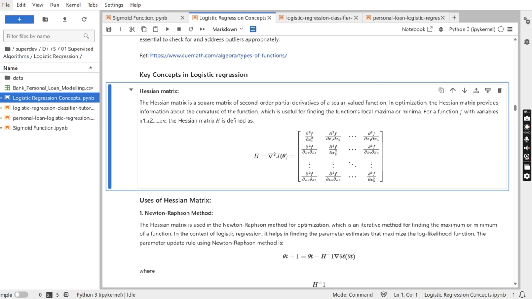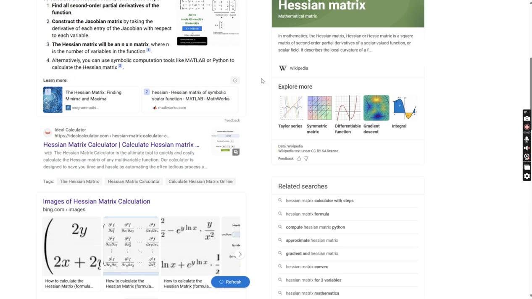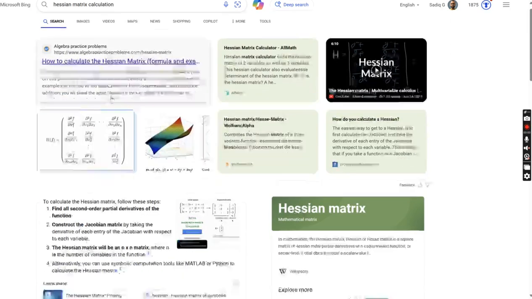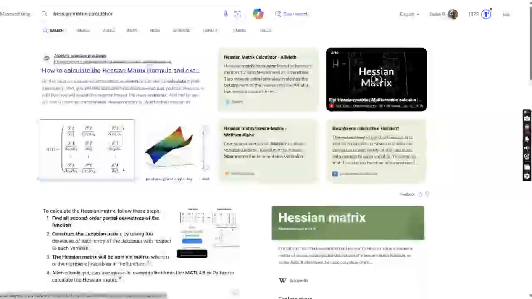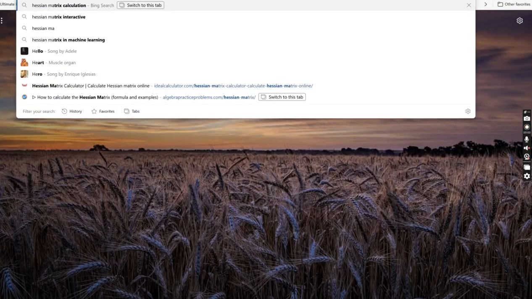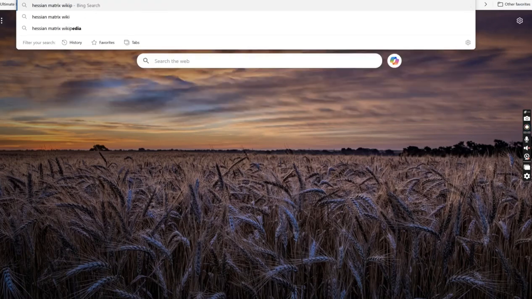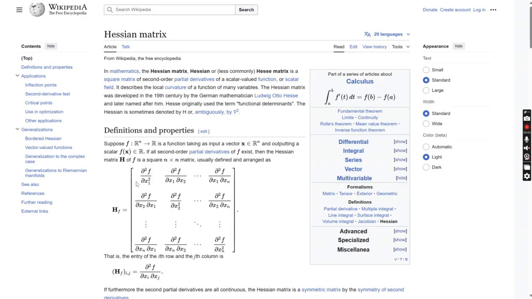So we have a concept called the Hessian matrix. What is meant by differentiation and what is meant by integration?